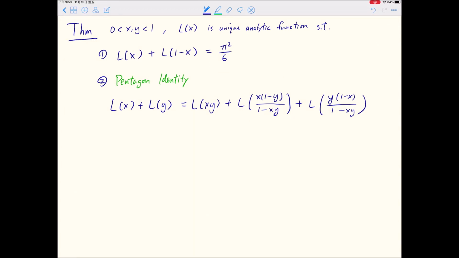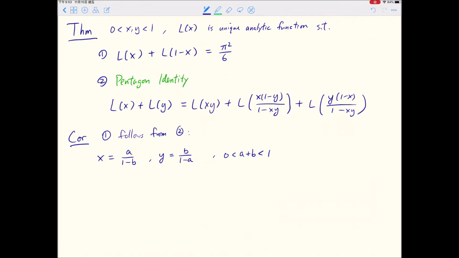And actually, we can easily see that the first condition actually follows from the pentagon identity. For example, let's rewrite. So 1 follows from 2. So if we set x to be a over 1 minus b and y equals b over 1 minus a, where say a plus b is in between 0 and 1, so that this is in a good range.